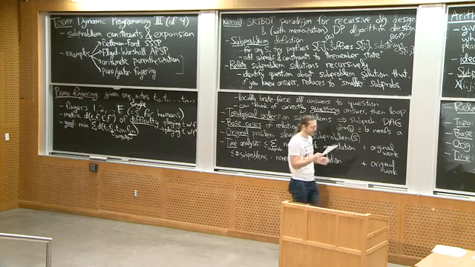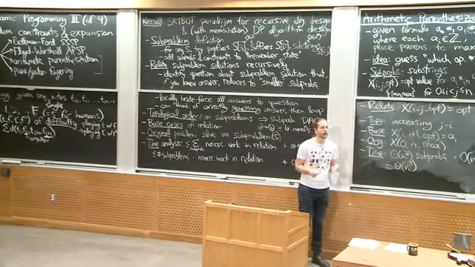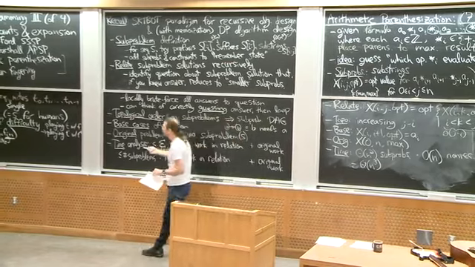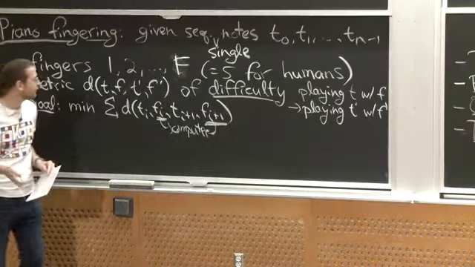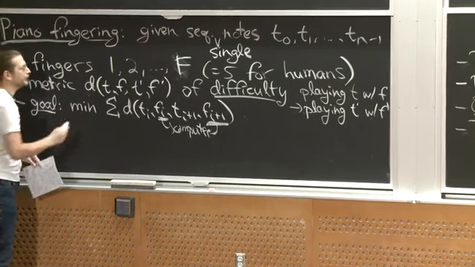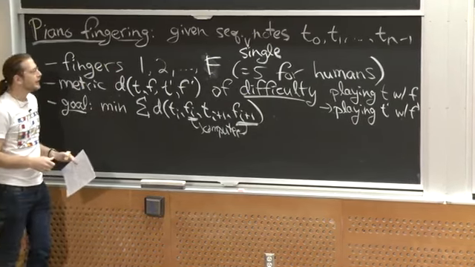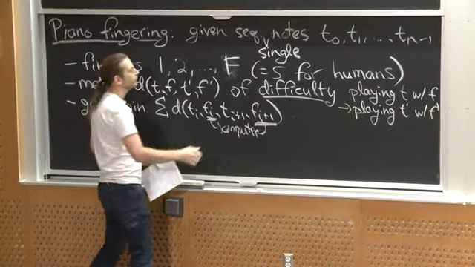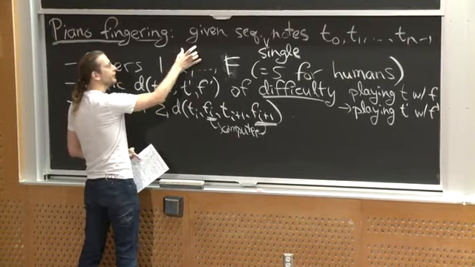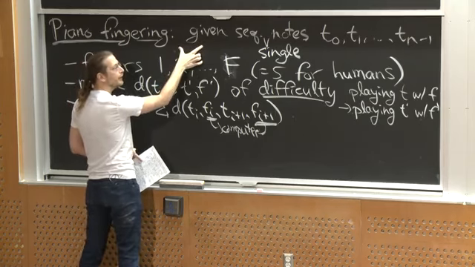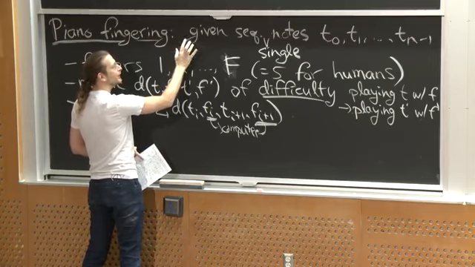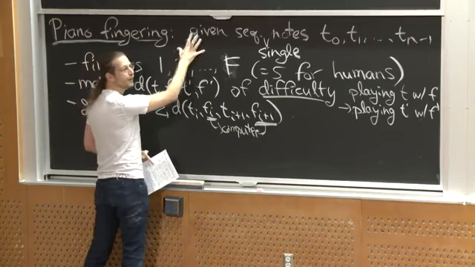But there are constraints in this. Usually people write this metric as a sum of different penalty terms, if I want to minimize difficulty. If I go from a low note to a high note, that's easier to do if I use a lower numbered finger and go to a higher numbered finger.